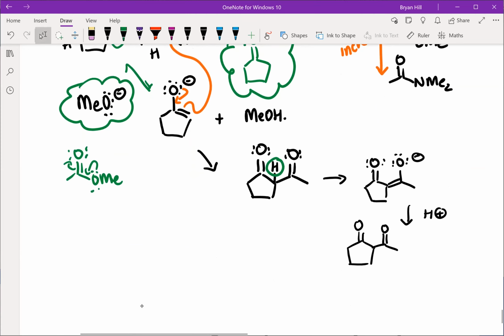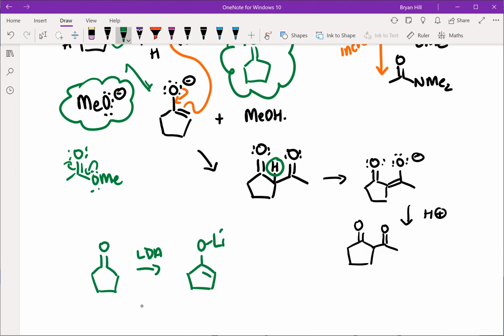There are two ways to do this. One is what you've seen before, which is to use LDA, generate your enolate, and then quench it with an ester. Or you can try to get away with using an acid chloride.